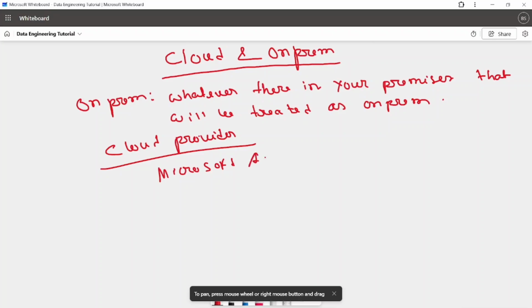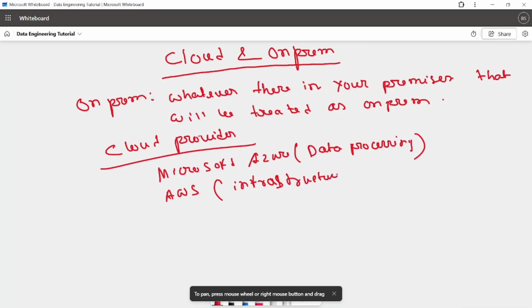Microsoft Azure, then AWS, Amazon Web Services, then GCP, Alibaba Cloud, then IBM Cloud.